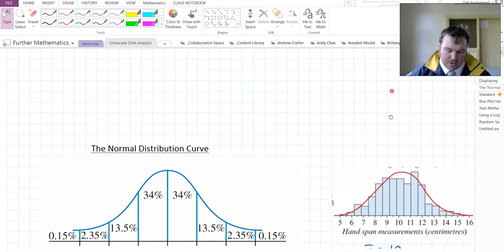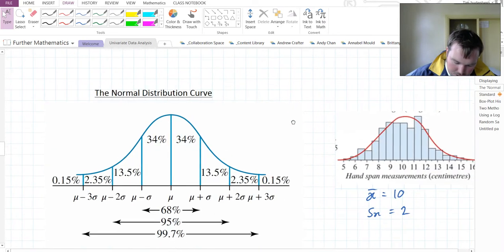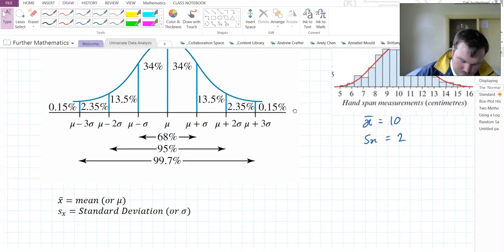Alright, so the normal distribution curve is so predictable that we can actually predict the amount of the population within each portion of the curve. And remember how last video we talked about histograms being associated with the mean and standard deviation. That's what the normal curve is built around. So the normal curve looks like this, where, and I'm sorry about the notation, it is essentially interchangeable.